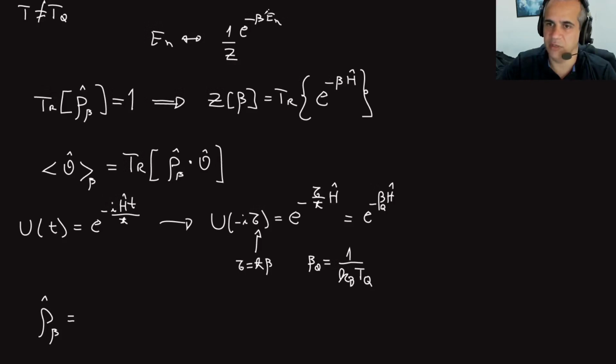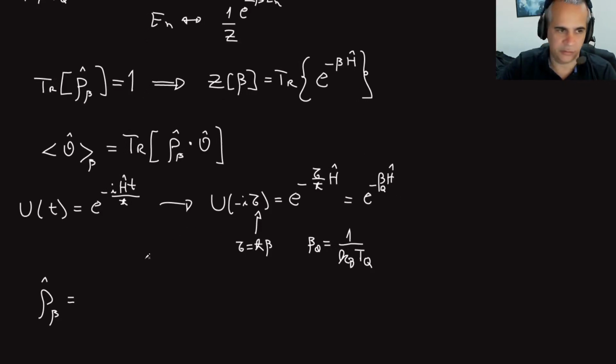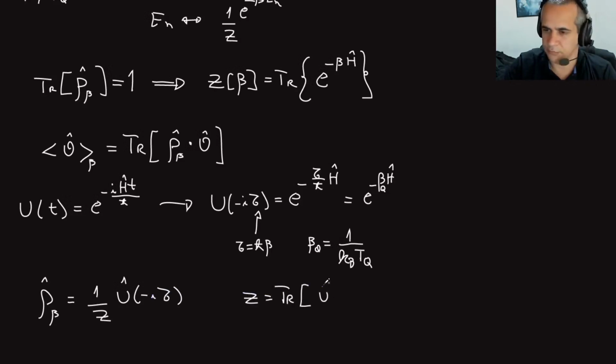This is for a real temperature of the system, and this is for an analog. But if I want to go in that direction, I have a real system and I want to connect it to an analog, I can identify those two temperatures and write it like this, where Z is now minus i tau.